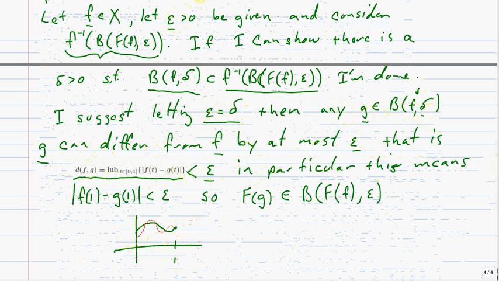Some epsilon distance from there. In particular, the function values of these two functions at any given point can't differ by more than these sort of error bars here.